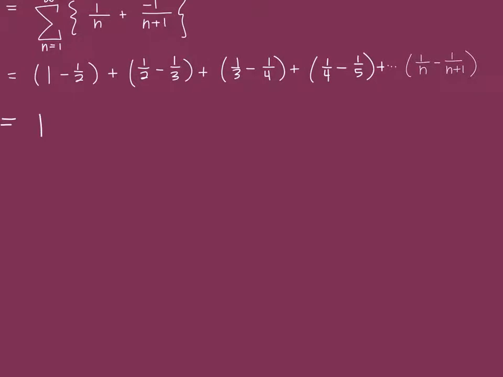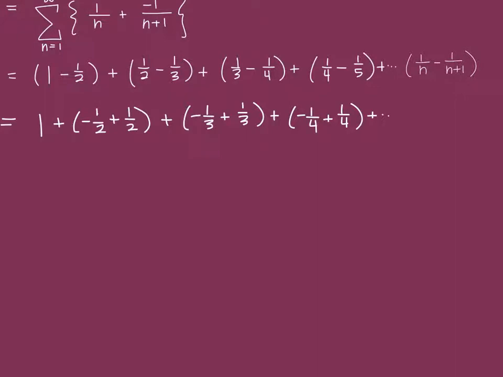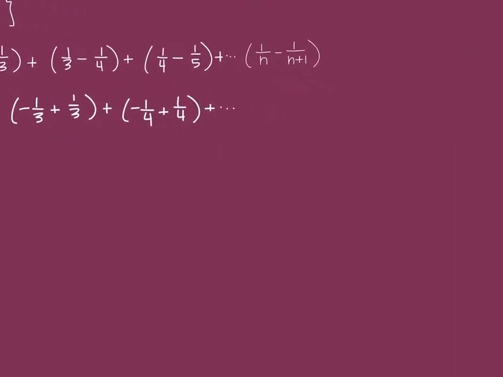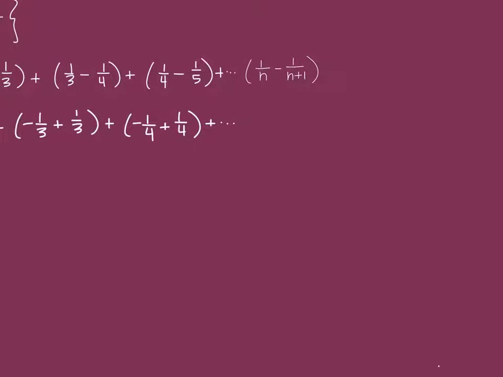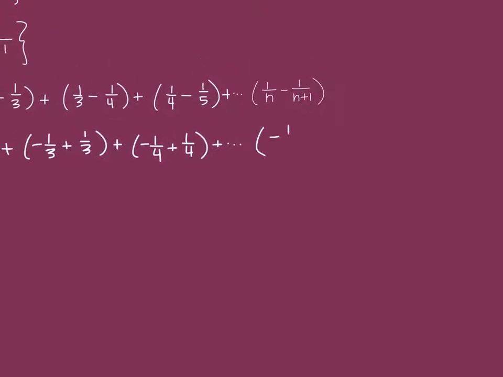If we started with 1 by itself, and then put parentheses around the next two instead, so negative 1/2 plus 1/2, and then parentheses around the next two, negative 1/3 plus 1/3, etc., negative 1/4 plus 1/4, plus dot, dot, dot, we're going to end up with negative 1 over n plus 1 over n in parentheses, but negative 1 over n plus 1 left on the end without a parenthesis.